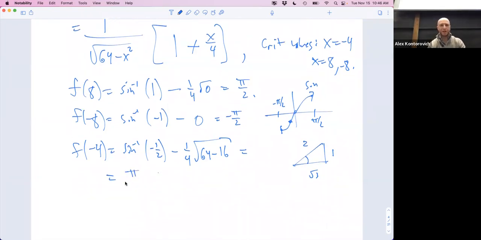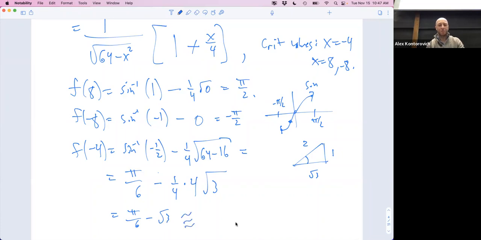So this is pi over 6 minus 1/4 times the square root of 64 minus 16. 64 minus 16 is 48, which I can pull a 16 out of. 16 under the radical is a 4, and I'm left with √3. Okay, so I have pi over 6 minus √3.